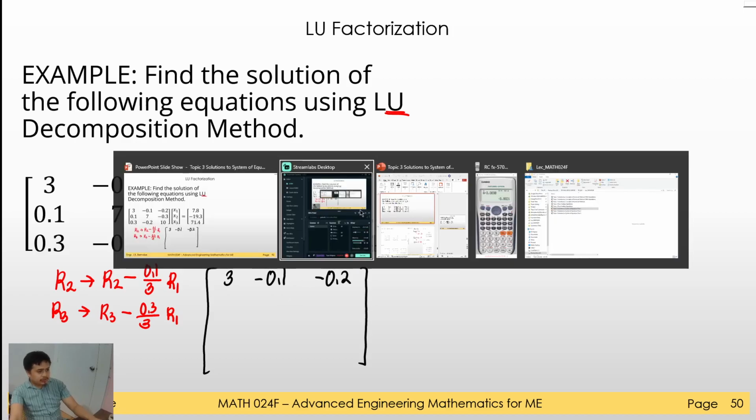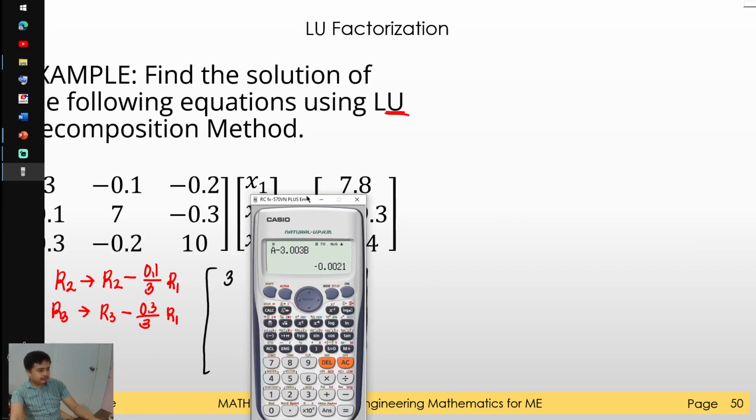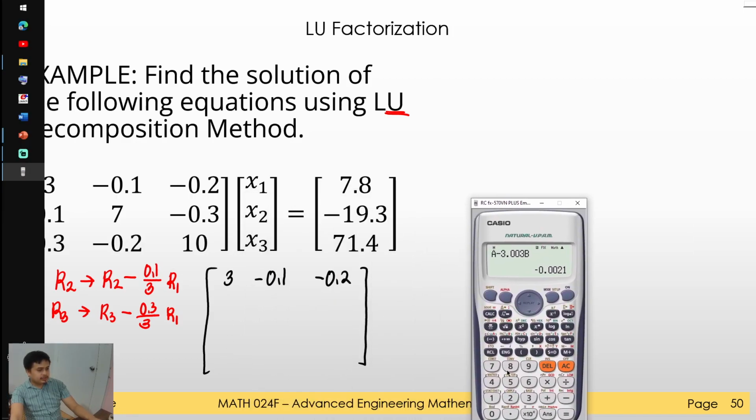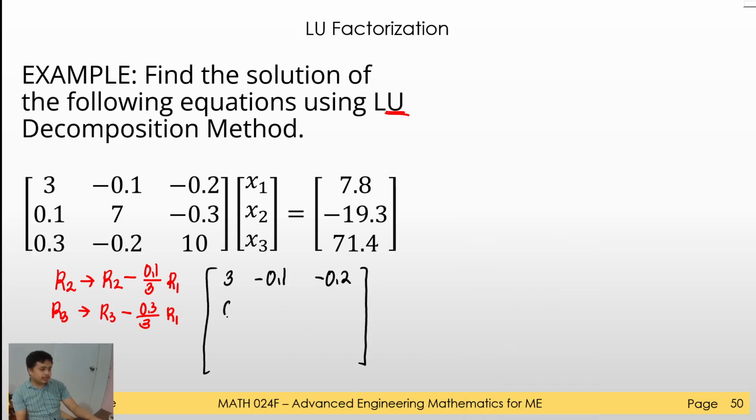So using our calculators, what are the values here? For the second row, we substitute 0.1 and 3. This will be 0, just to confirm that this will become 0.